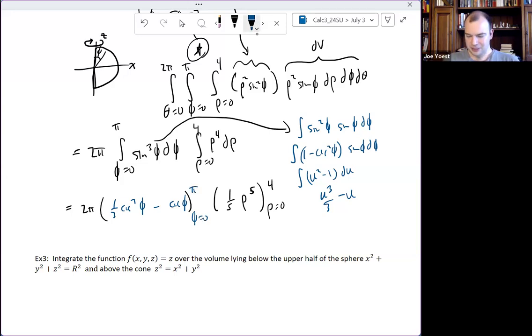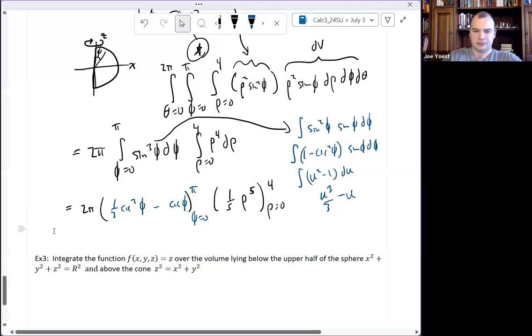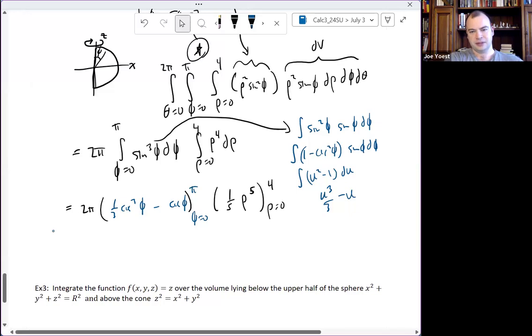Let me just double check that in my notes. I did that kind of quickly and a little sloppily. Make sure that I got that right. That does look right. Okay, I didn't drop a negative anywhere. All right, so I end up with 2 pi times 1/3.